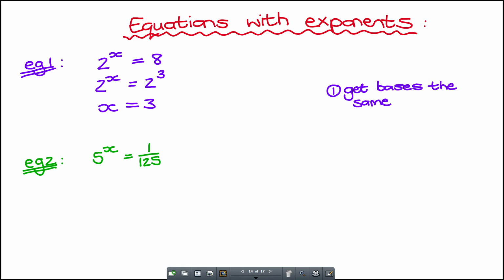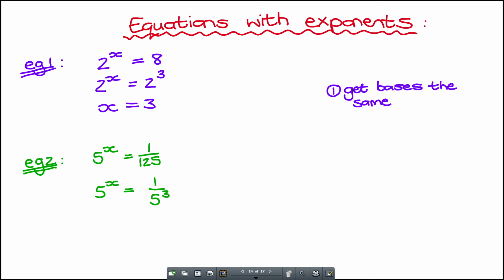5 to the power of x is equal to 1 over 125. Let's keep that in fraction form. I want to work towards getting a base of 5. As soon as I think of 125, I know 125 is the same as 5 to the power of 3. So I'm going to start by saying that will be 1 over 5 to the power of 3.